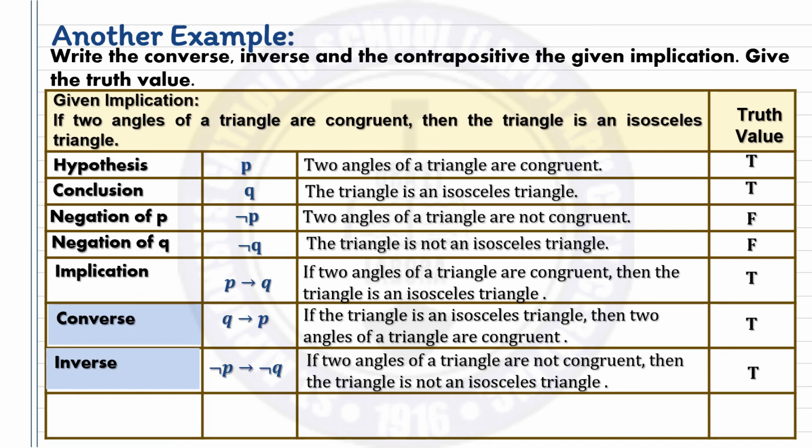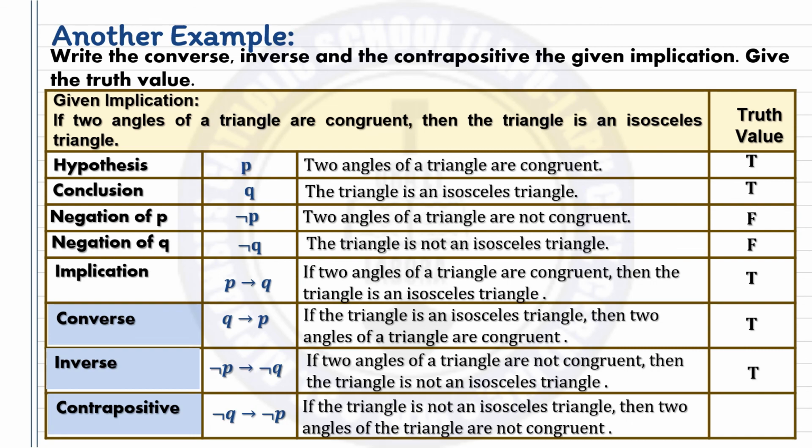That's true. And then for its contrapositive, if not Q then not P, it states that if a triangle is not an isosceles triangle, then the two angles of the triangle are not congruent, which is true.